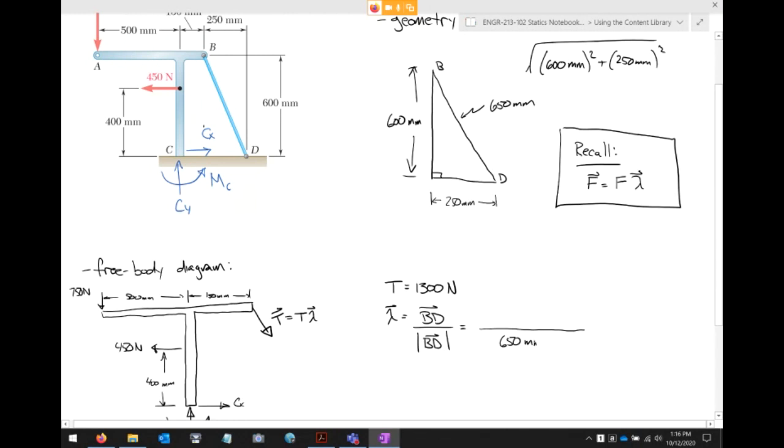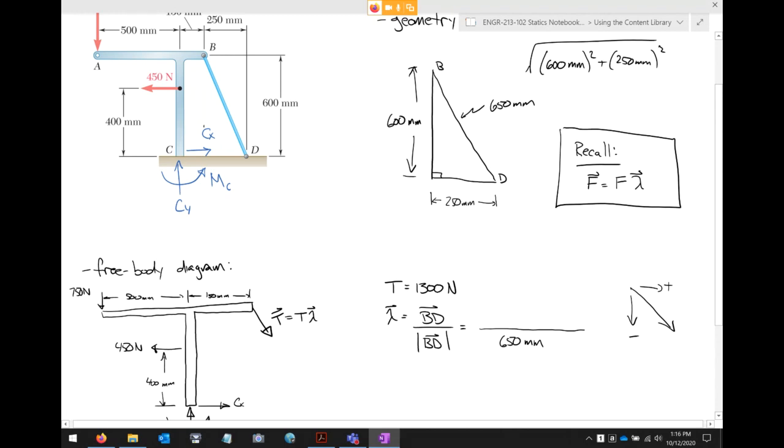Now let's see if we can write the vector. This tensile vector goes to the right and then it goes down, in that direction. So I'm thinking that the x component needs to be positive, but the y component needs to be negative.